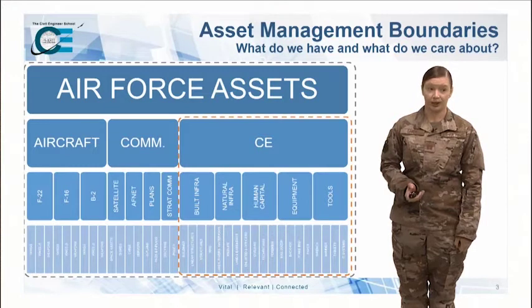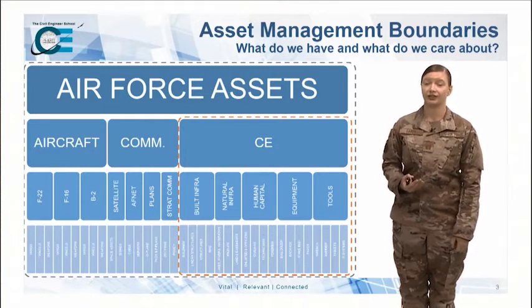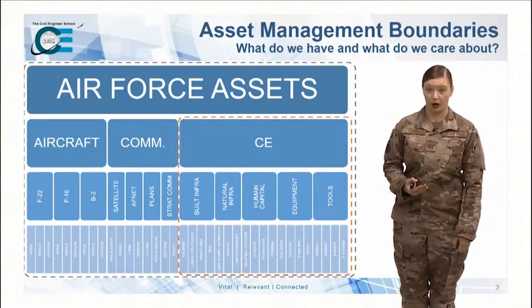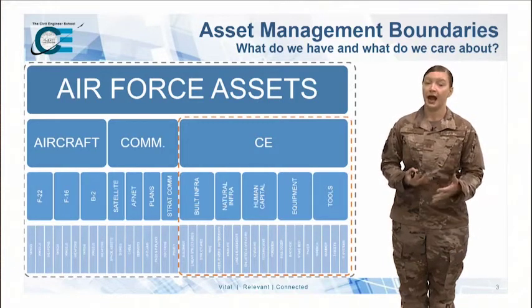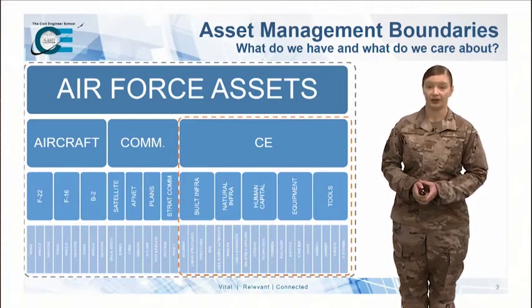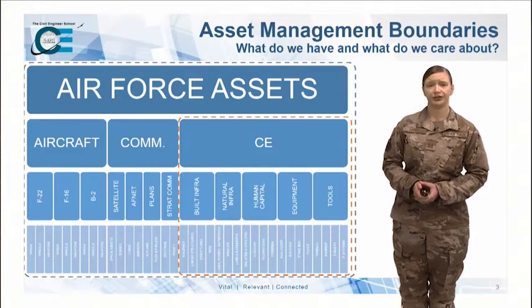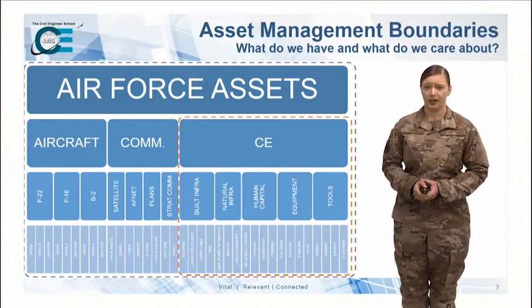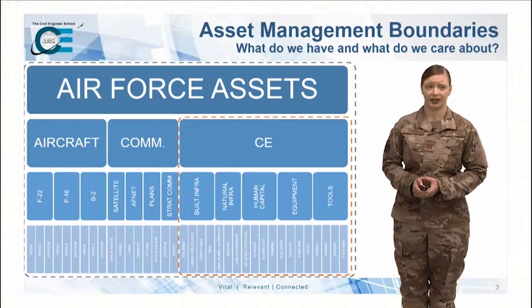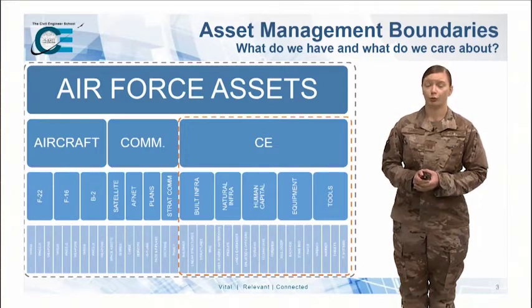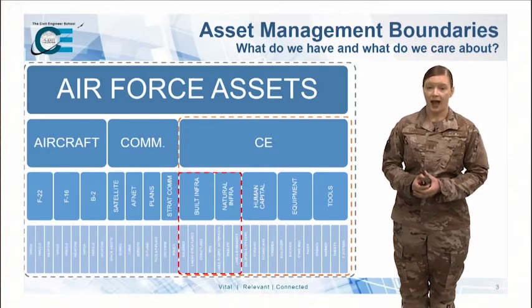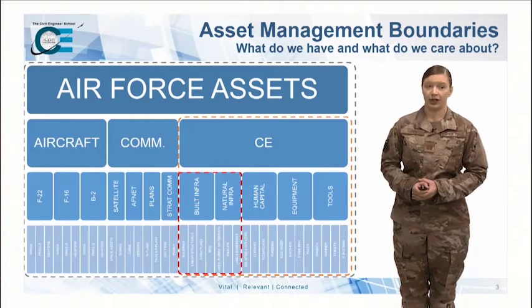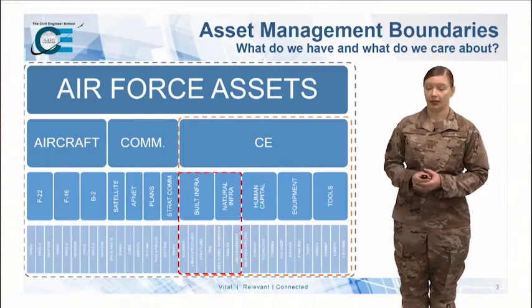CE assets, in particular, comprise all of the assets that we use in our enterprise to deliver combat support. That includes the built and natural infrastructure that we talk about in asset management, but it also includes things like human capital, equipment, tools, vehicles, things like that. When we talk about real property, we're defining the assets we manage into built and natural infrastructure.